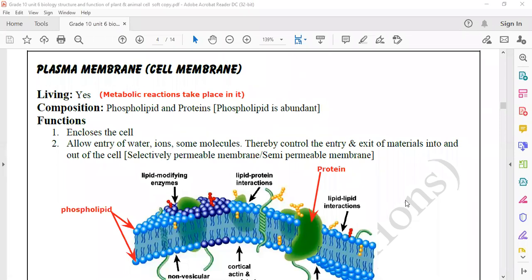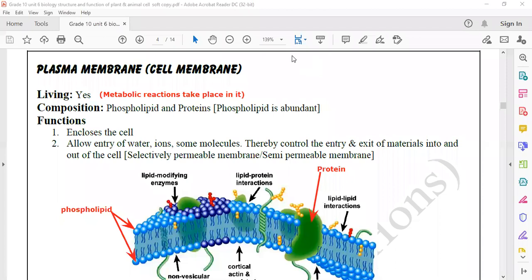Looking at the picture, which one is more, protein or phospholipid? Phospholipid is more.